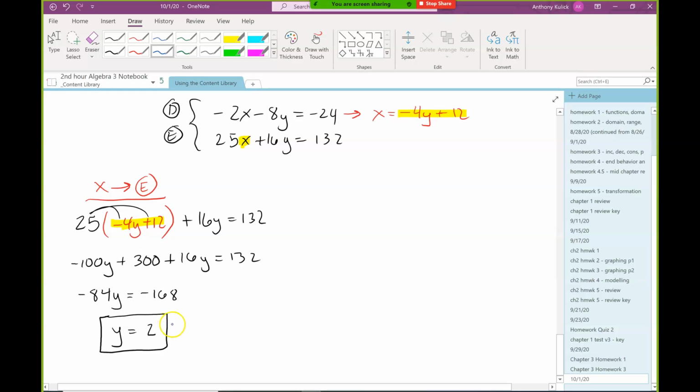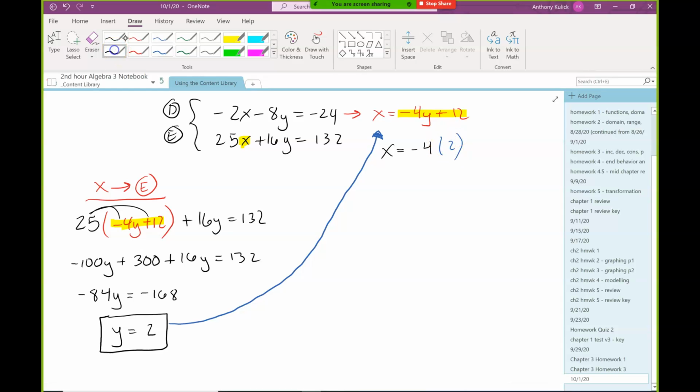Okay. So I'm going to take that answer for y, and I'm going to plug it back up into this spot. But in place of y, I'm going to put the 2.